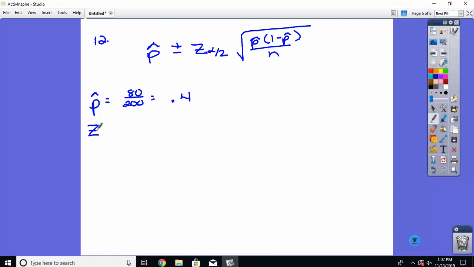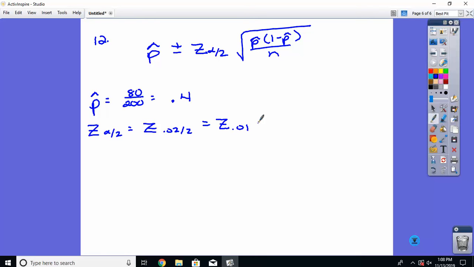Z alpha over 2. 98%, okay, so 1 minus 0.98 is 0.02, divided by 2 is 0.01. That's our alpha notation. So there's 1% to the right, which means 99% is to the left.